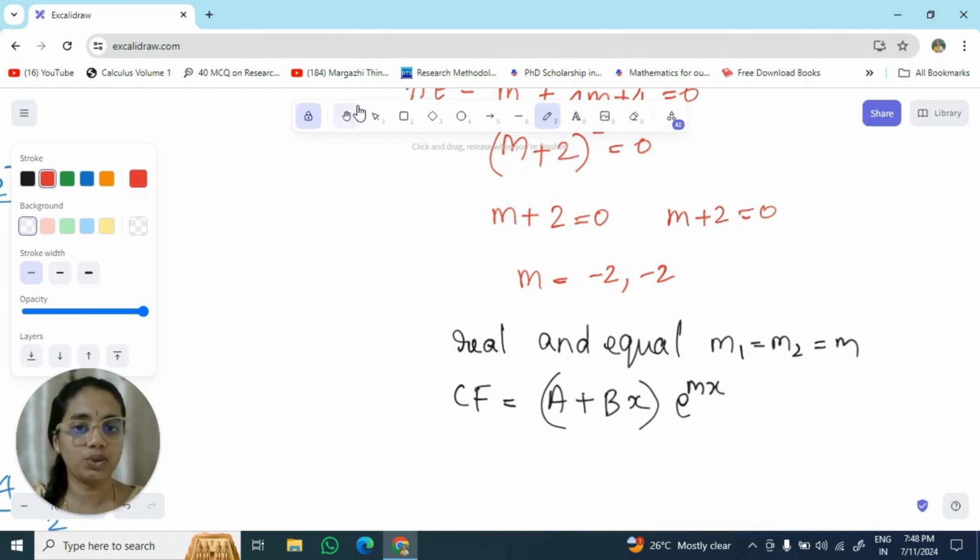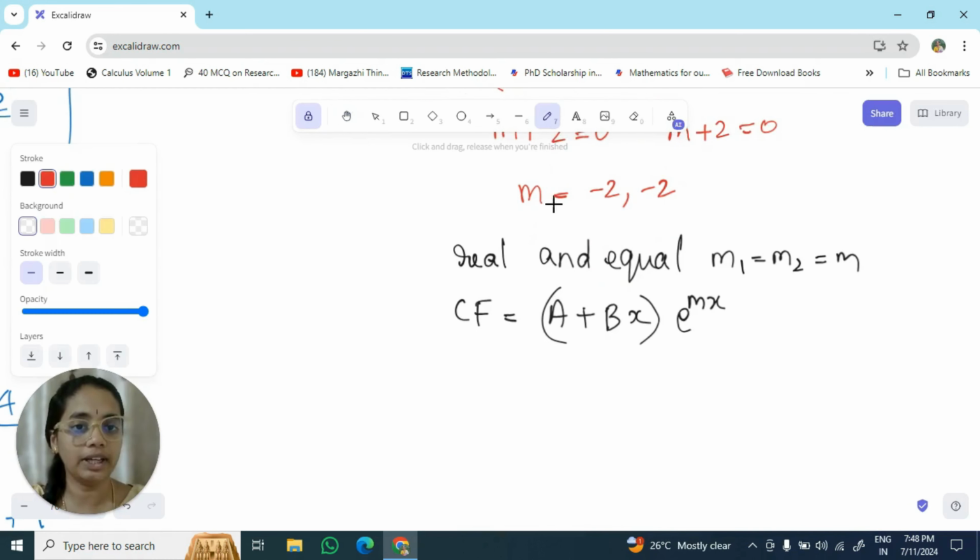So what happens to our solution over here? We would be getting CF would be (a plus bx) whole thing into e power negative 2x, right?